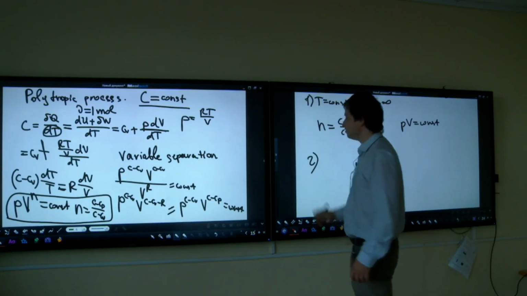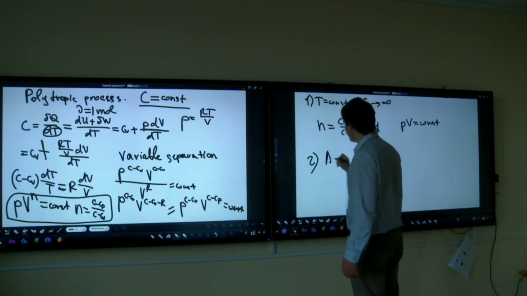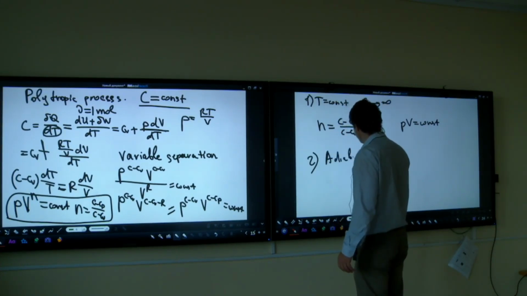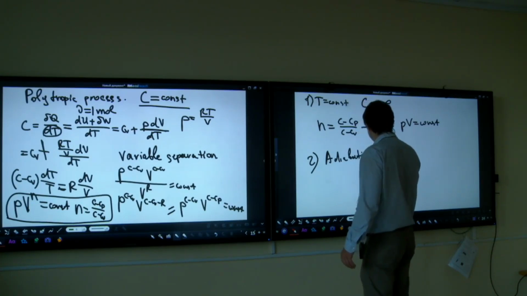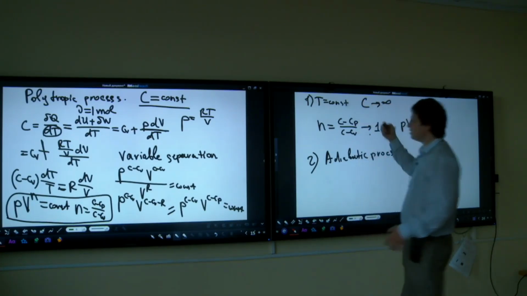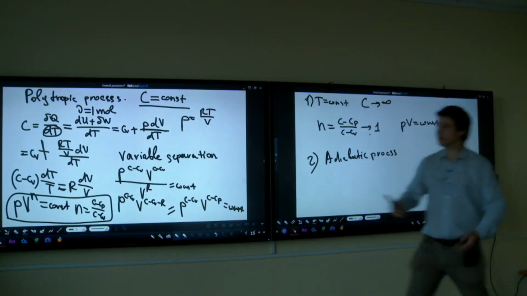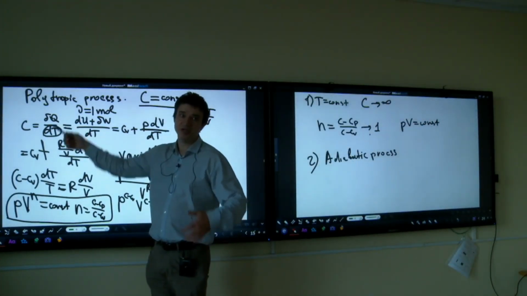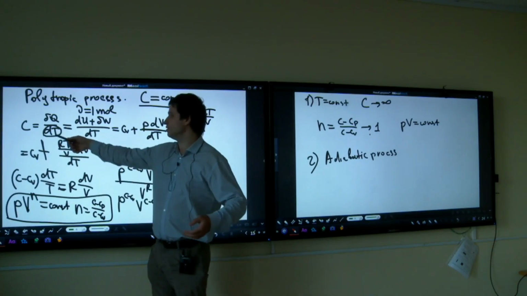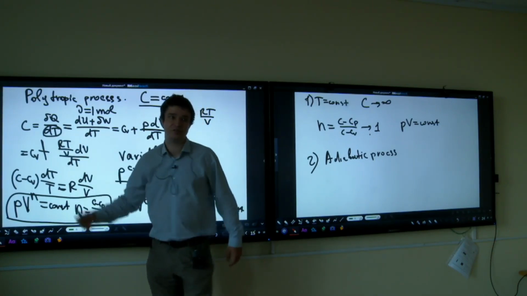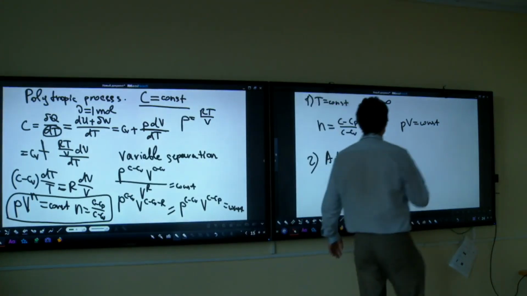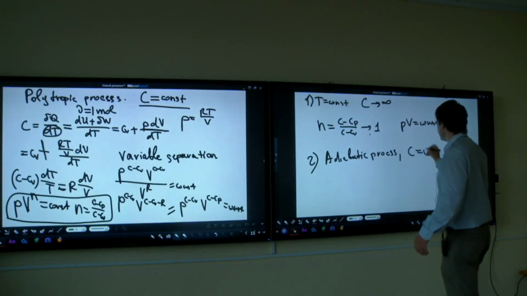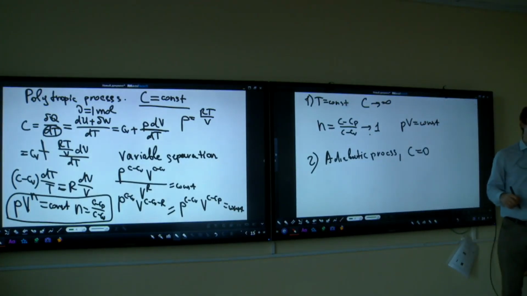And the final example is the adiabatic process. Here it's quite the opposite. In the adiabatic process, delta Q is 0. There is no heat exchange, but obviously there are changes of temperature. So my heat capacity in the adiabatic process should be equal to 0.